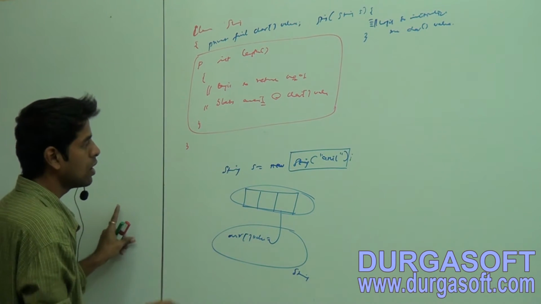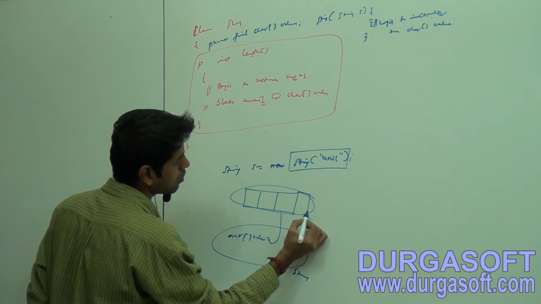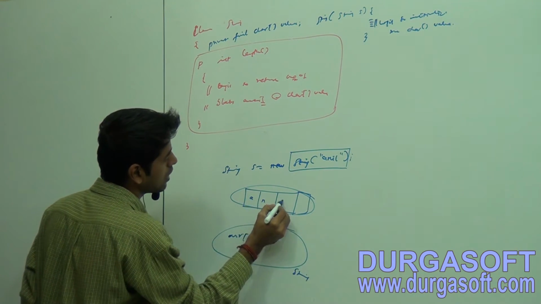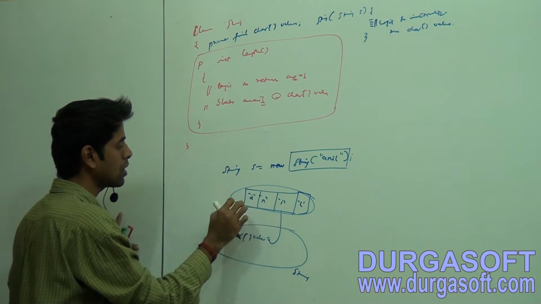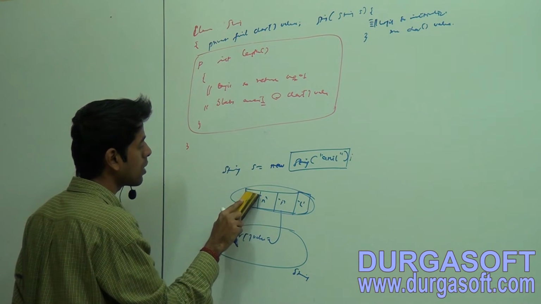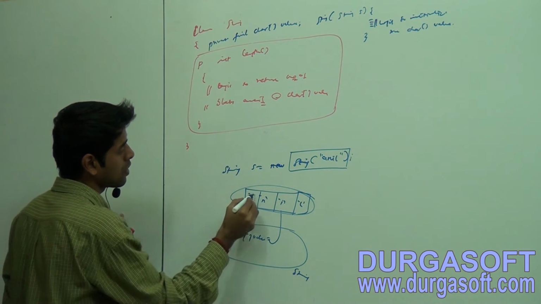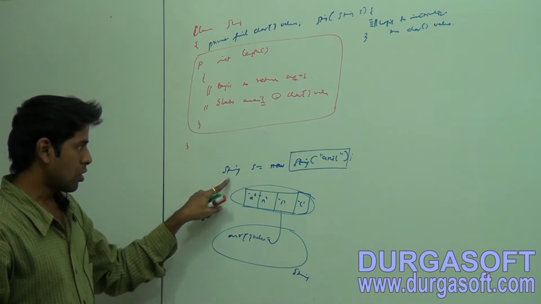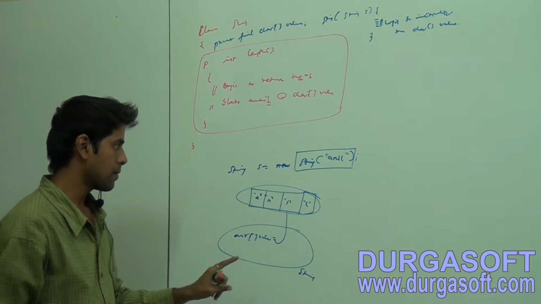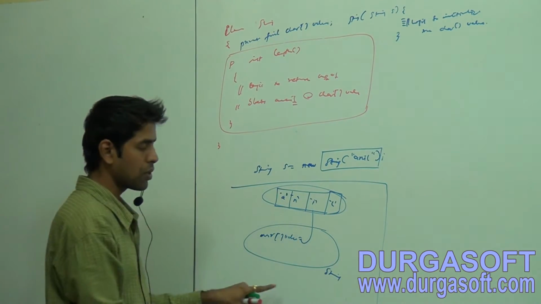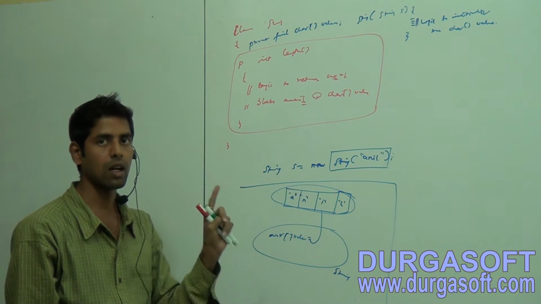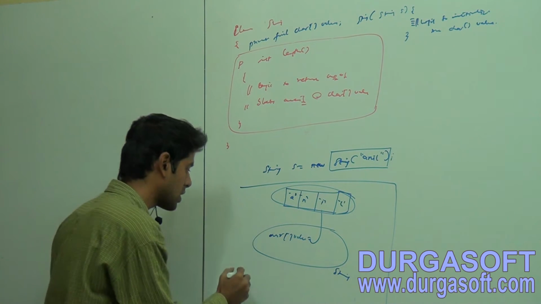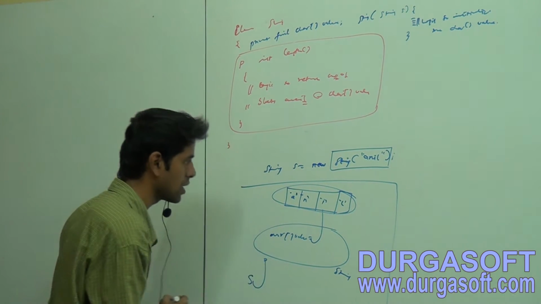Now observe. Here we have 4 blocks: A, N, I, L. Because of this instruction, this memory representation has been created by our JVM, and it is referred to with one variable.